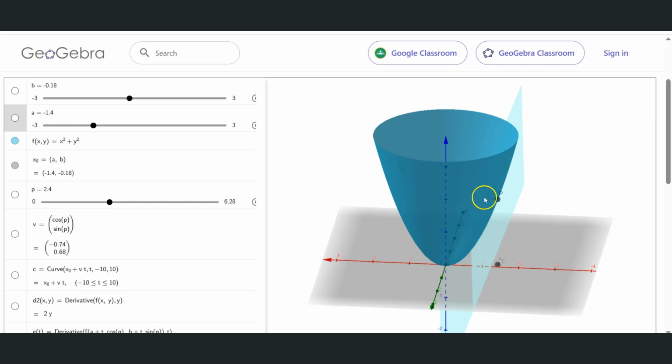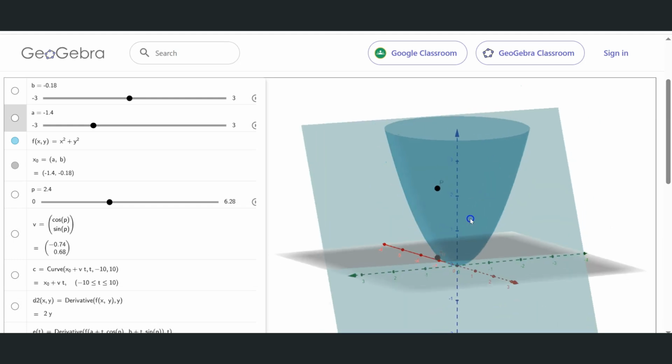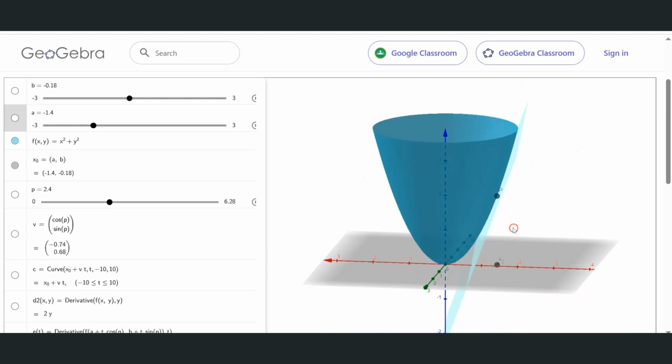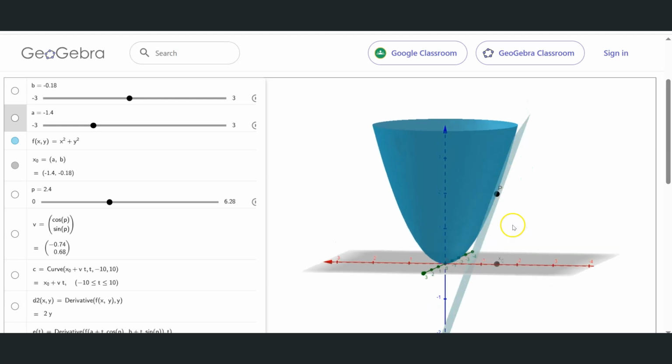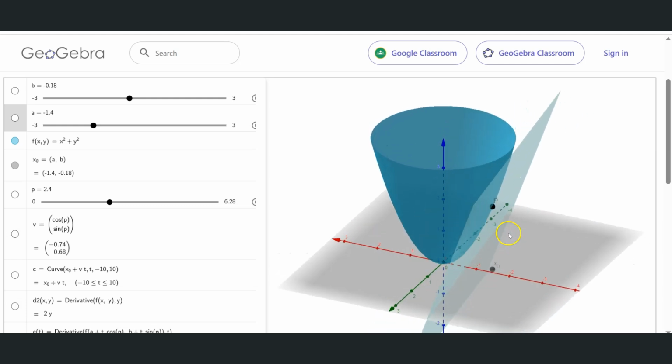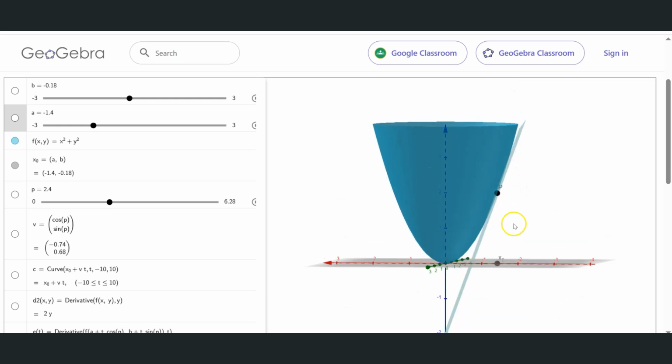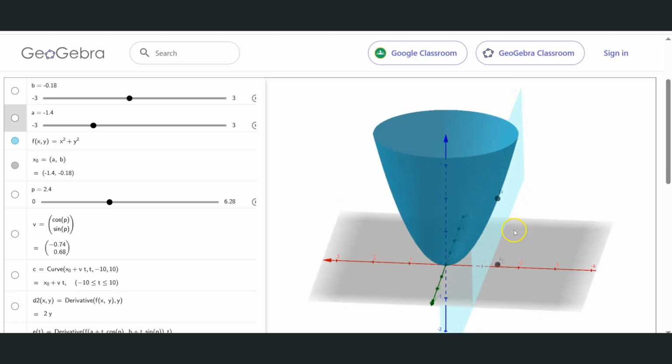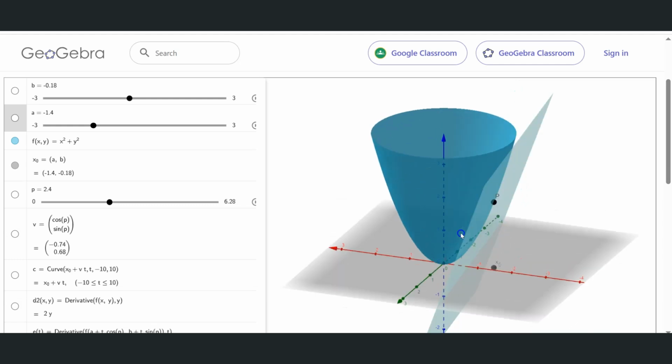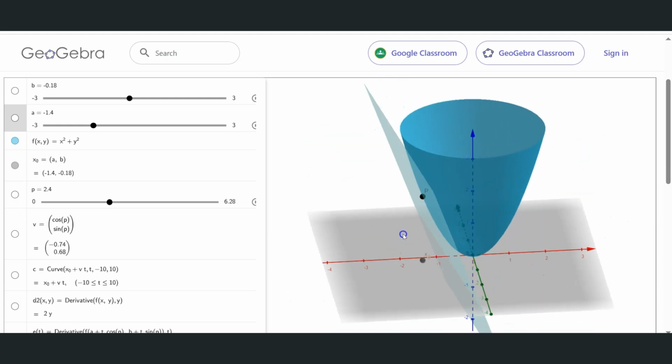Here I have this three-dimensional surface, z equals x squared plus y squared. And the values of a and b just determine the location of that point on the surface. So here I have this point P, and then you see this plane as well. That plane is tangent to the paraboloid. Okay, this is called a paraboloid. Tangent to the paraboloid at one point.